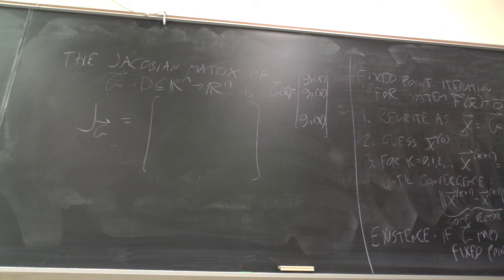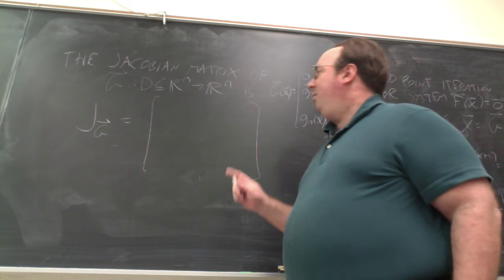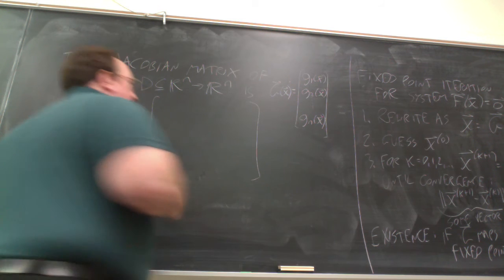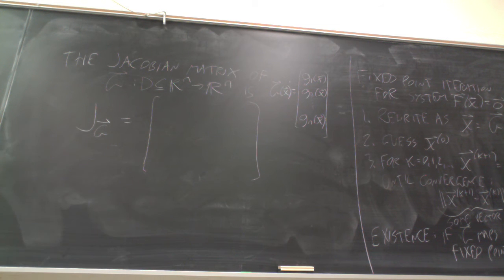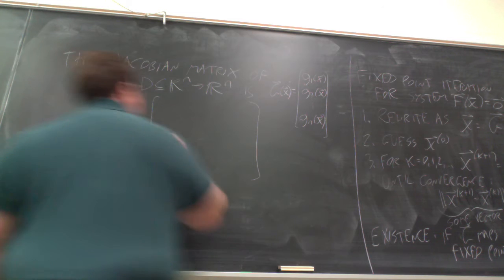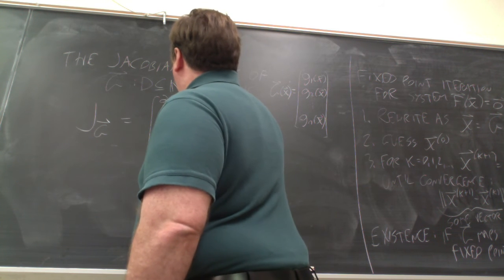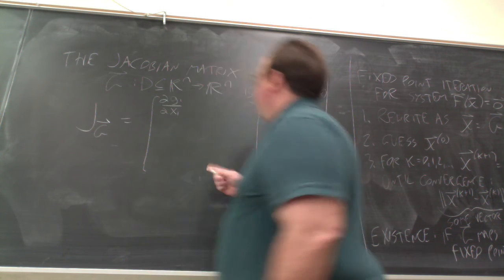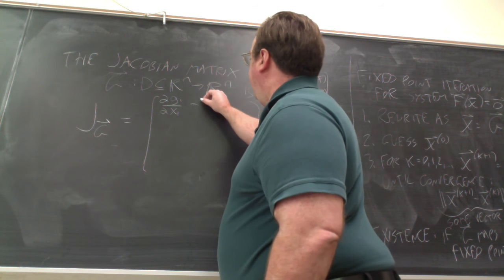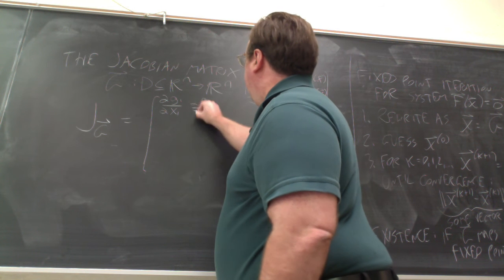So in this example, we have those two component functions, however many you have. What you do is take all the first partial derivatives of all the component functions. So the first row would be partial derivatives of g1 with respect to all the different x's.